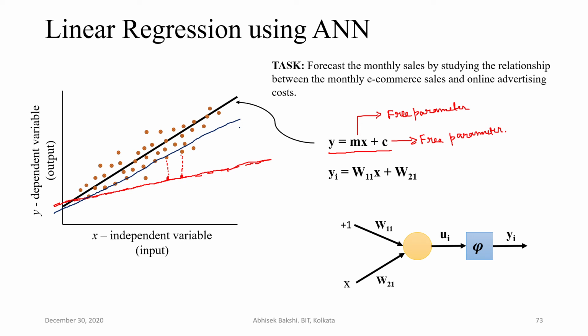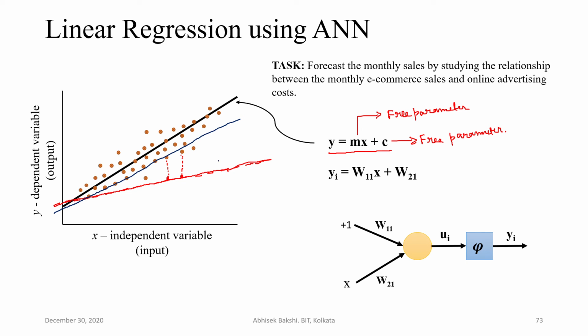And again you will compare with all the points. And again we found that, okay, still I have some error. So let's try to adjust the free parameter more. And ultimately you will get this particular straight line, which has minimum average error.